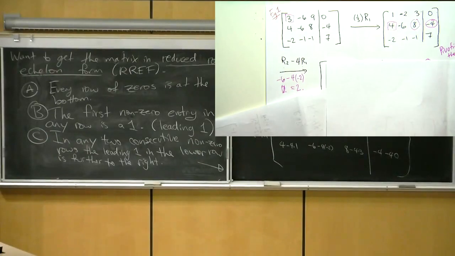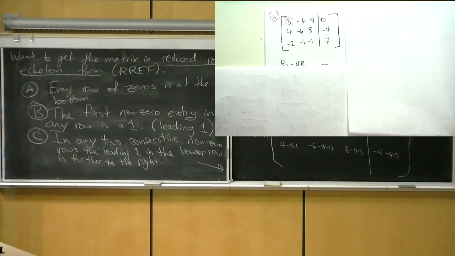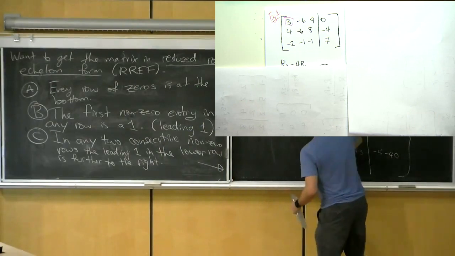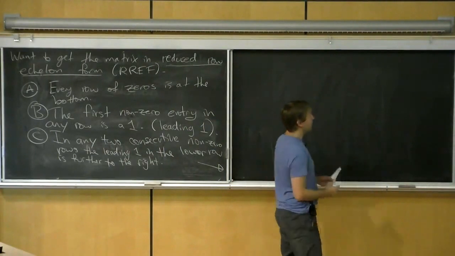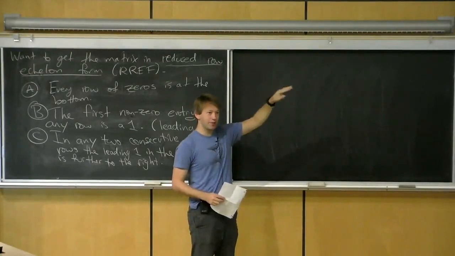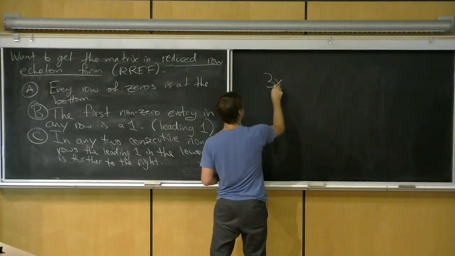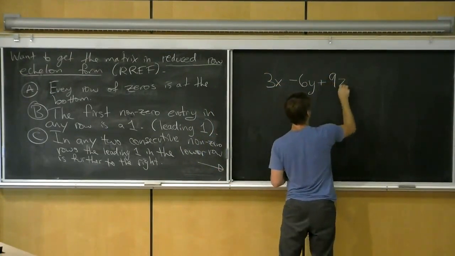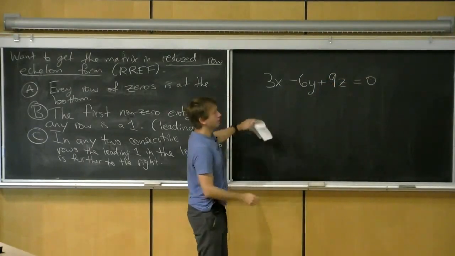We'll go back and look at the answer again, but this original matrix, those are just numbers in a box, but what they represent is the linear equations: 3 times x minus 6y plus 9z equals 0 for the first row.